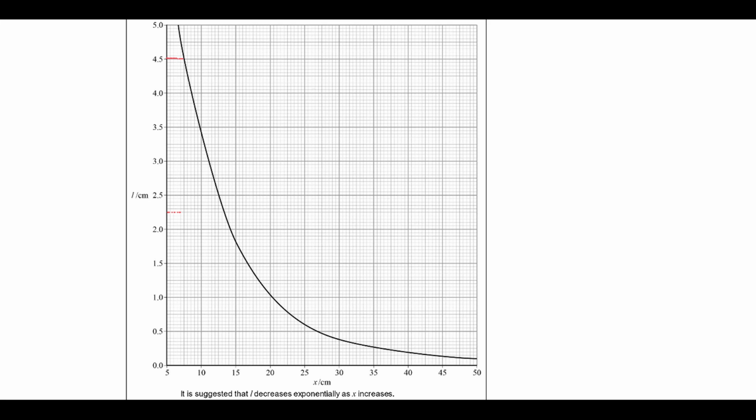Okay, so let's start at 4.5. So we need the time for it to get to 2.25, which, if we go across, and then we read down, is about here. Then we need 2.25 divided by 2. We need to get to 1.125, which is essentially here.